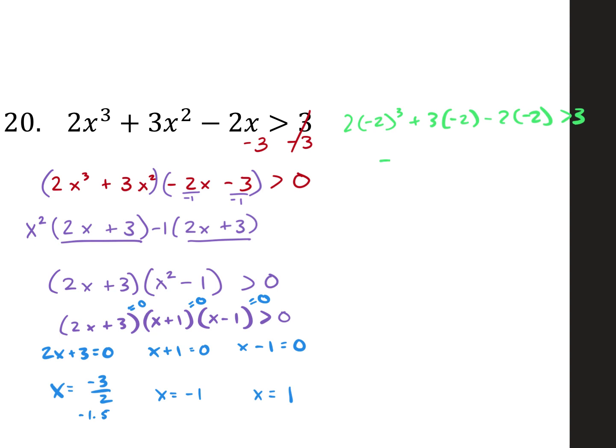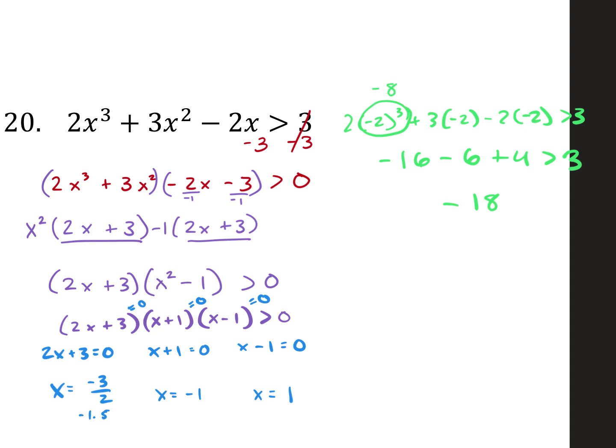So this would give us negative 16 minus 6 plus 4 is greater than 3. Negative 2 cubed would be negative 8. Negative 8 times 2 is negative 16.